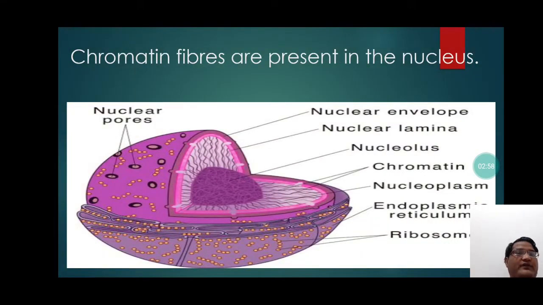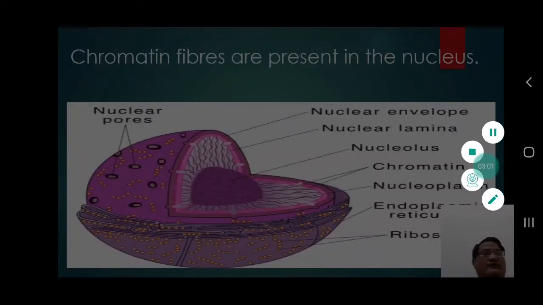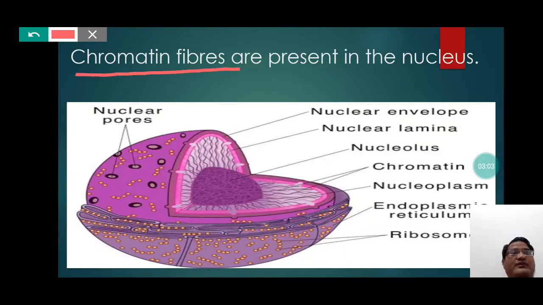So students, chromatin fibers remain present in the nucleus. Chromatin fibers are the specific structures which are thin thread like in appearance, which is actually DNA wrapped around histone protein, and which further condenses. So students, these condensed supercoiled chromatin fibers further form the chromosome also.